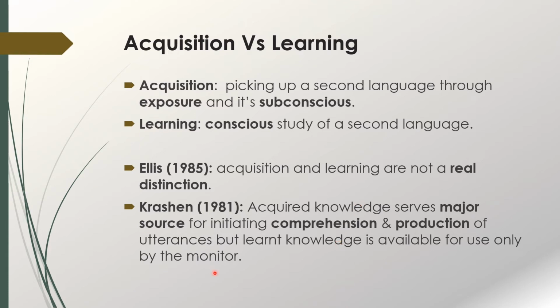According to Krashen, we have two different hemispheres in our brain, the right and the left hemisphere, and our left hemisphere has language areas. Whenever we acquire a language, that language area is occupied with it. But whenever we are learning a language, there is a separate area for learning things or language.